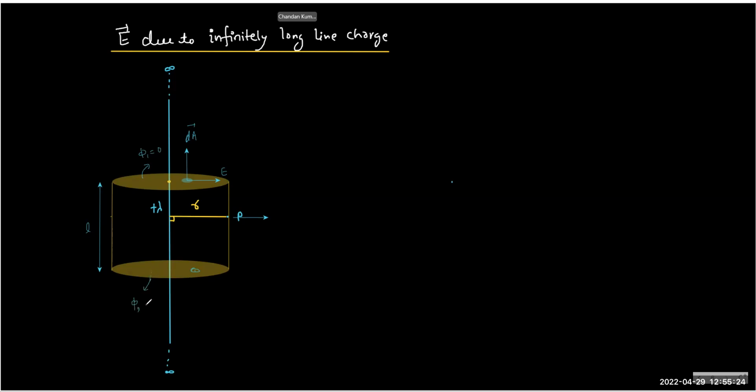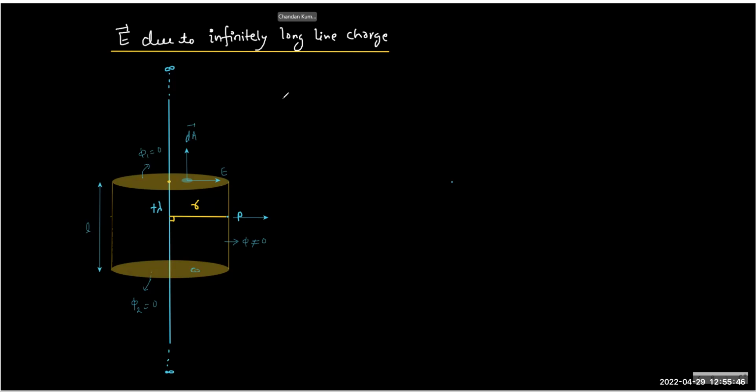Yes. And because the flux contribution from the top and the bottom is 0, the only flux we get is from the lateral surface. Therefore, although it's a closed surface, the area that we are really interested in is the curved surface.